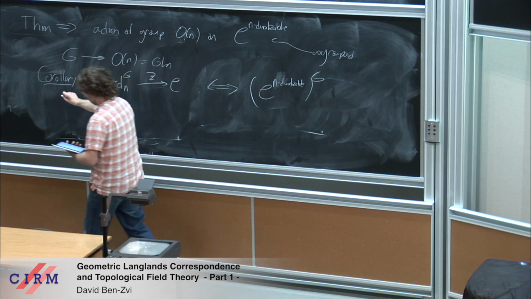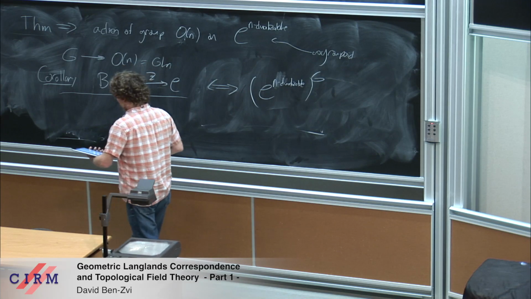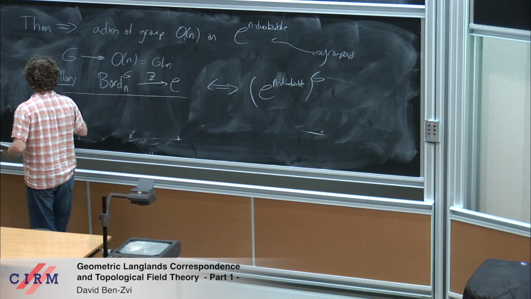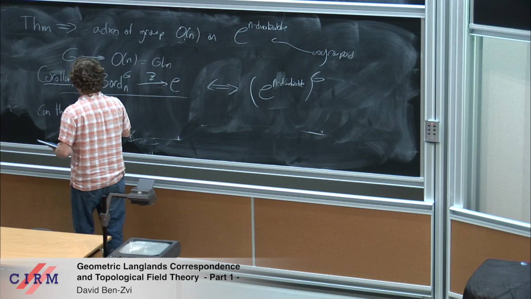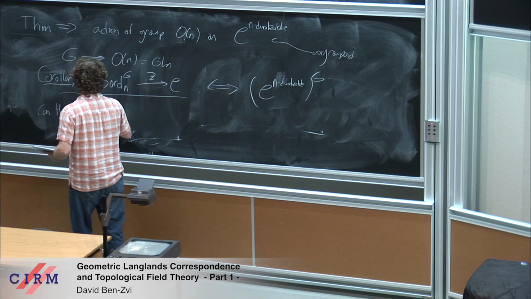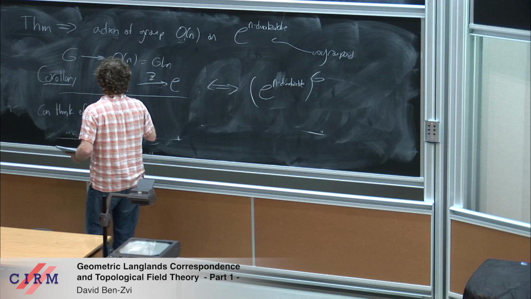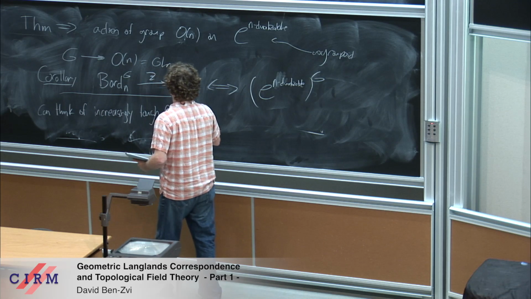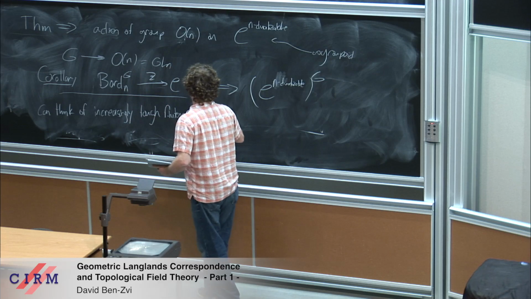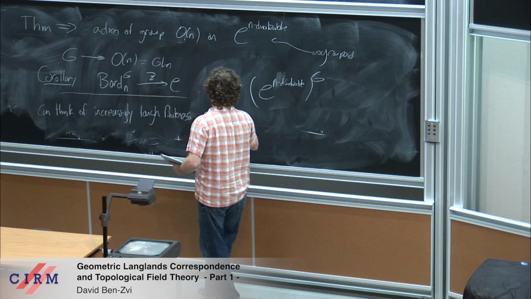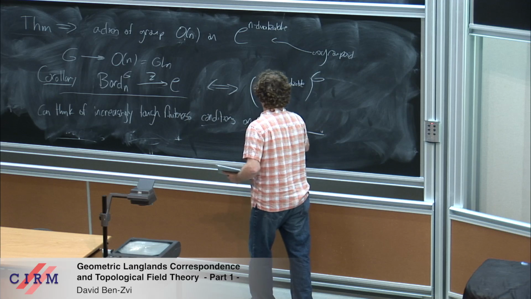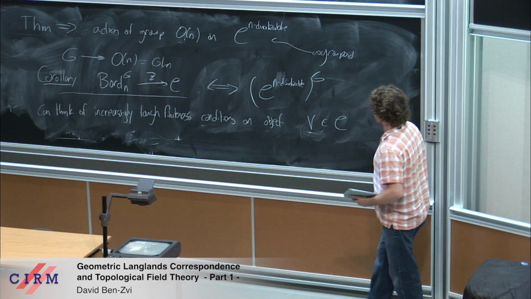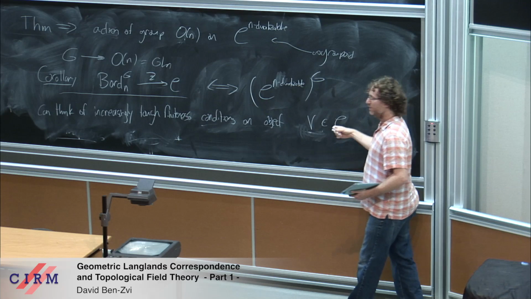Now, one way to think about this is as a sequence of increasingly tough finiteness conditions. If I'm thinking about framed bordism, finiteness conditions on an object: if I give you an object V in some symmetric monoidal infinity n-category, I can ask for this object to be dualizable.